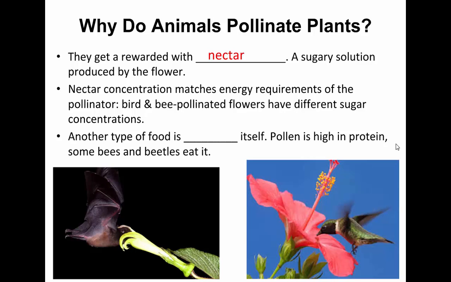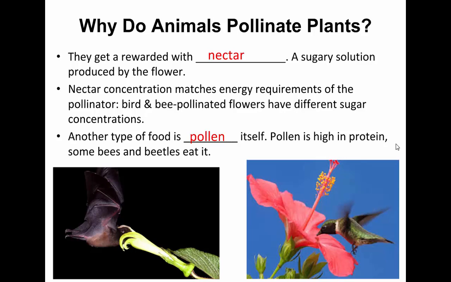And pretty interesting is that the flowers match their pollinators extremely well. For example, flowers that are pollinated by hummingbirds have a lot of nectar usually that's very sweet because hummingbirds need a lot of energy. Whereas insect-pollinated flowers probably have less nectar, with less sugar, because insects don't need as much energy.